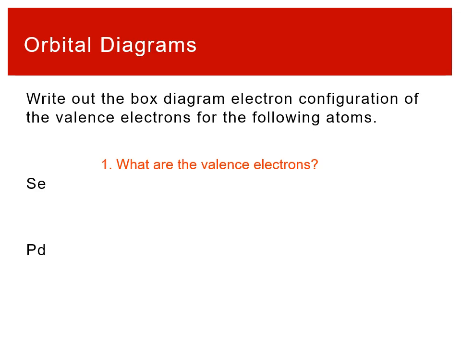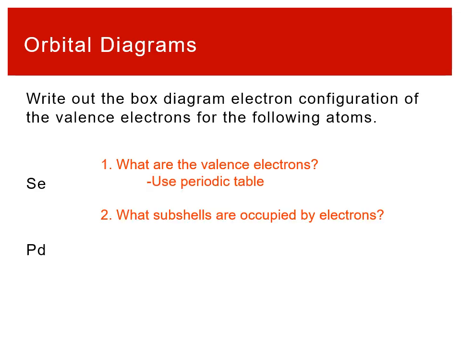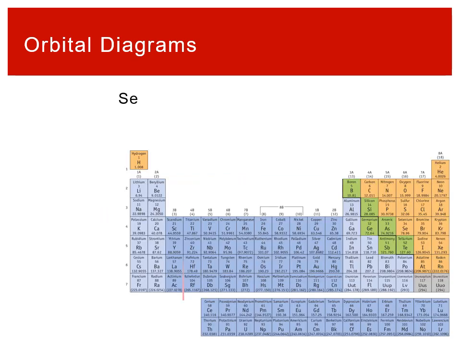When we were trying to figure out the box diagram for helium and hydrogen, we always started with the electron configuration. So what are the valence electrons for these elements? We can use the periodic table to see what subshells are occupied by those valence electrons, and then fill them in using the Aufbau principle, along with these new ideas: the Pauli exclusion principle, how you put the spins, and Hund's rule.